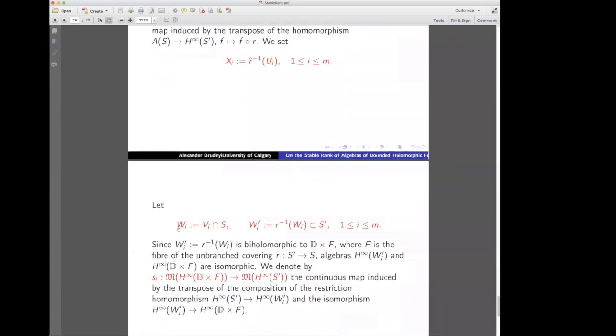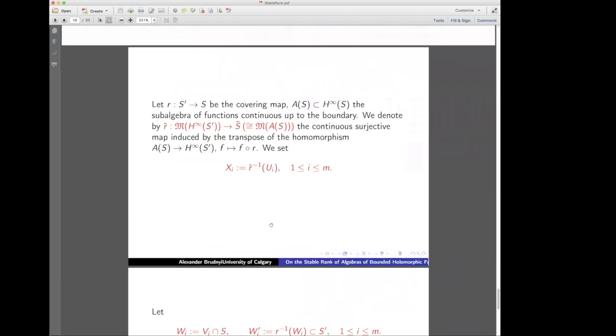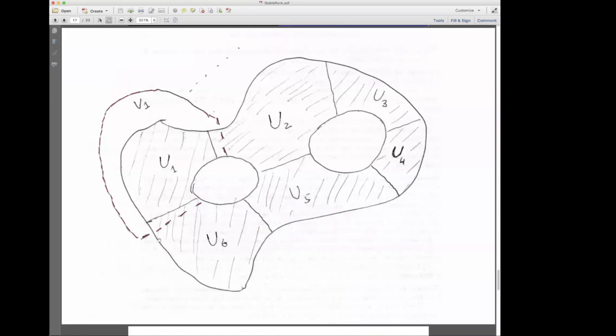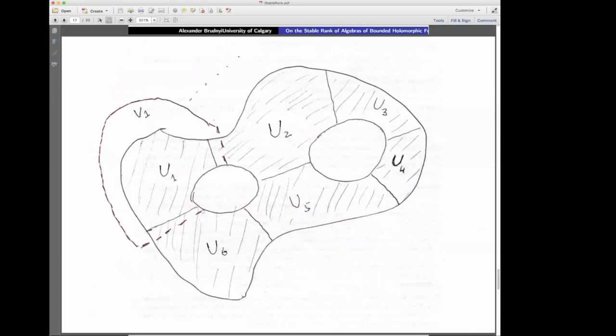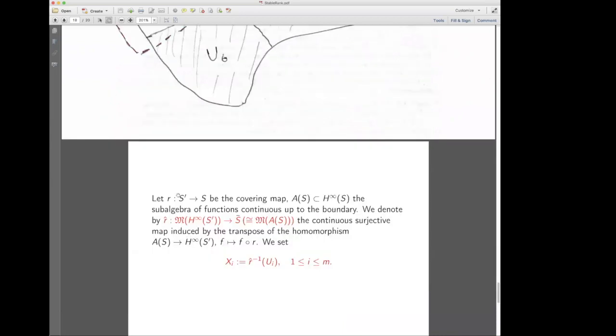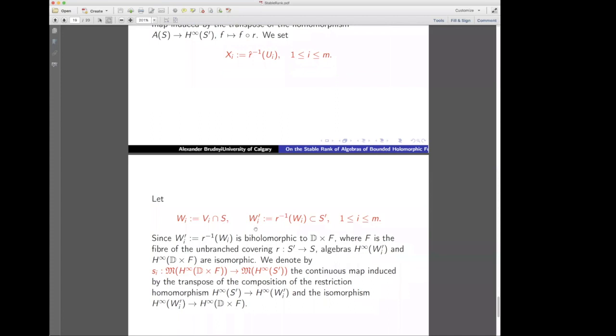Let us denote by Wi the intersection of the larger set Vi with S. In our case, for instance, here it will be just this open set, a little bit larger than U1. Now take the covering of this Wi, which means the preimage Wi prime, the preimage of Wi with respect to the covering map.